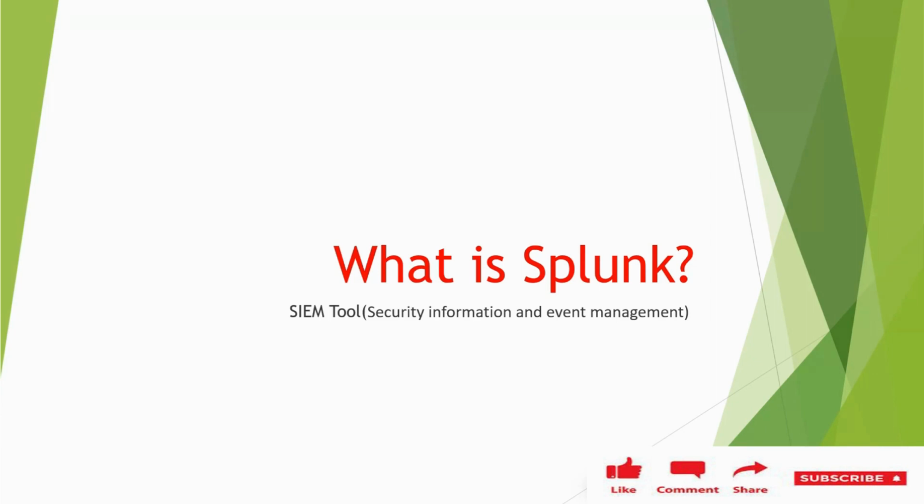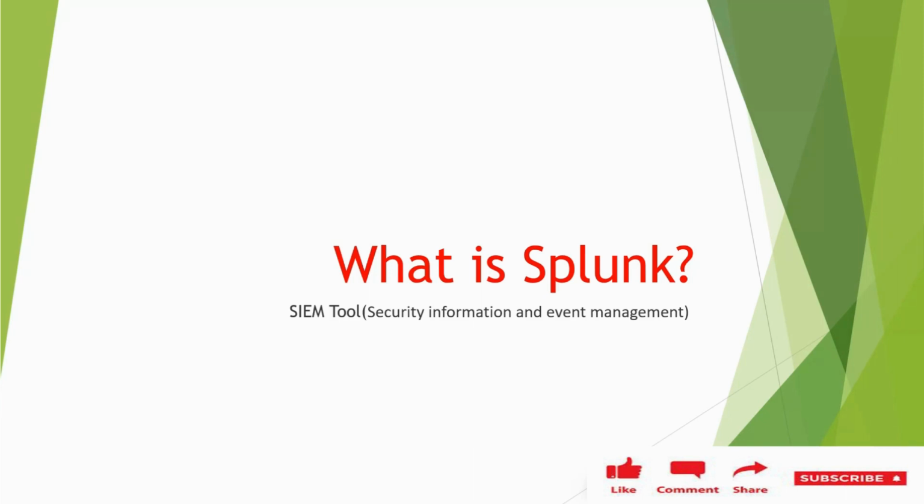Now, what is the use of Splunk? If an organization has thousands of servers and multiple applications running on those servers, whether those applications are running perfectly or not, whether there is an error or not, this is monitored by Splunk. Splunk monitors all these applications and servers. If any error comes in these applications and servers, then Splunk sends a notification to an administrator or the user.